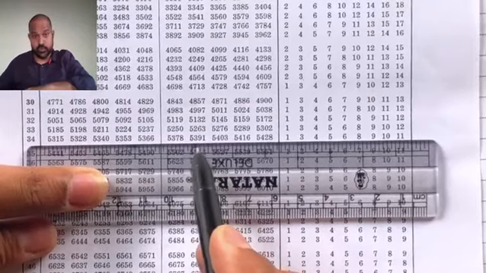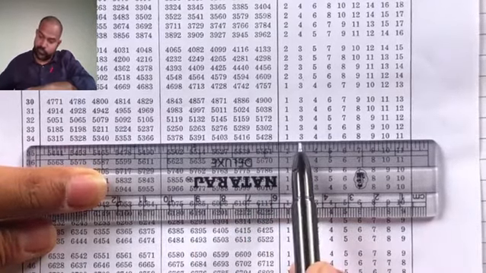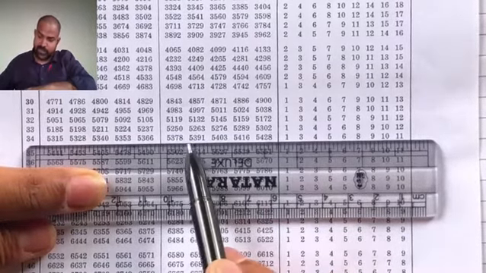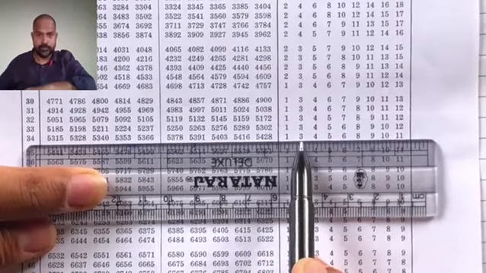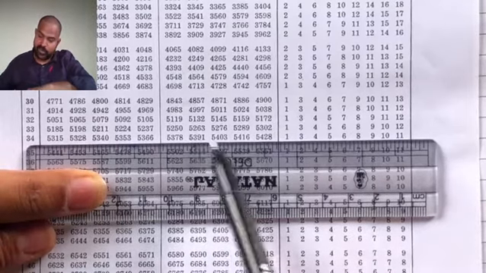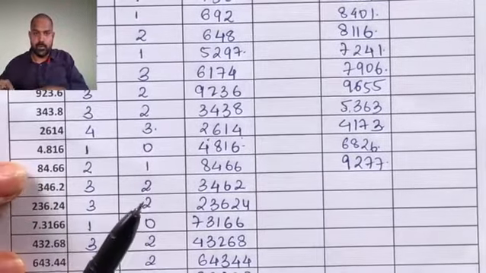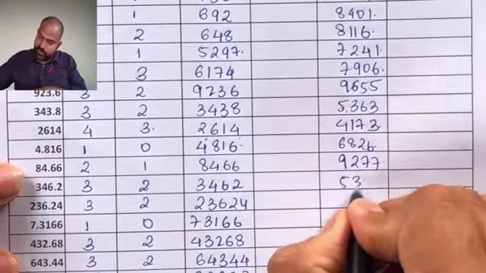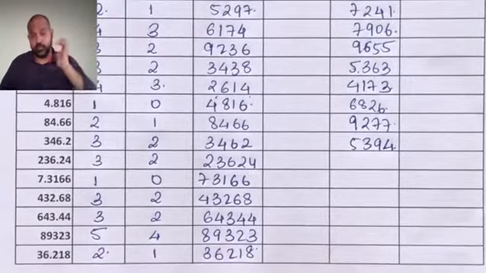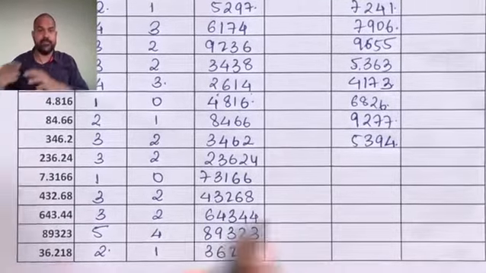So in this I will add the mean difference of 2, which is 3. So 5391 plus 3 is 5394. So 34, 6, 2 is 5394.